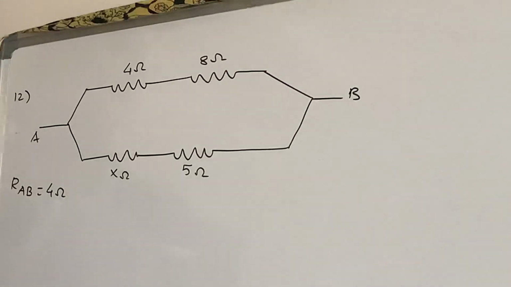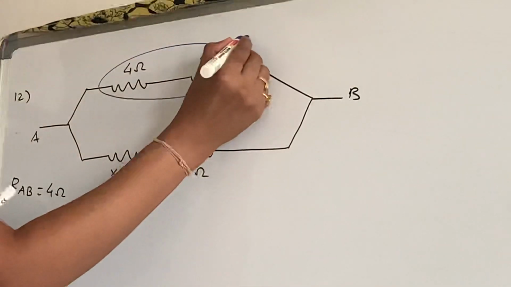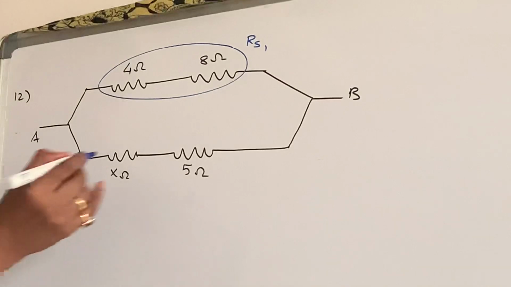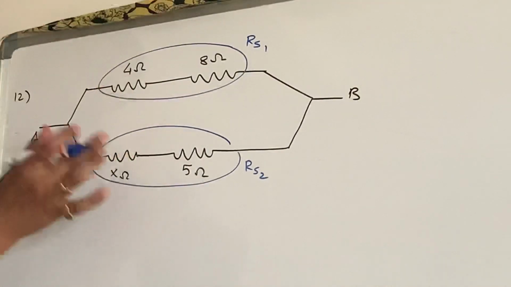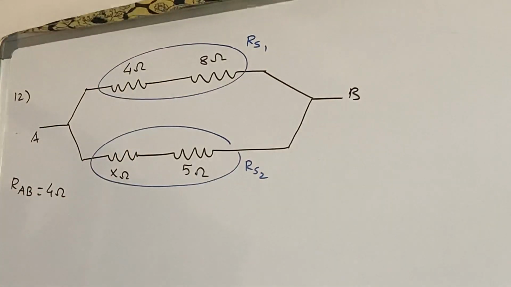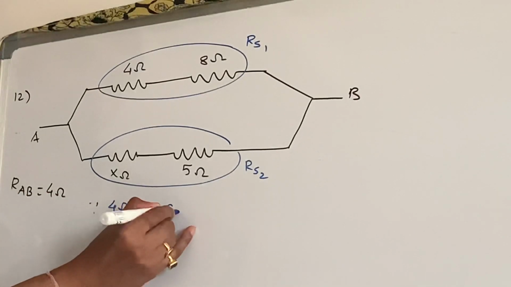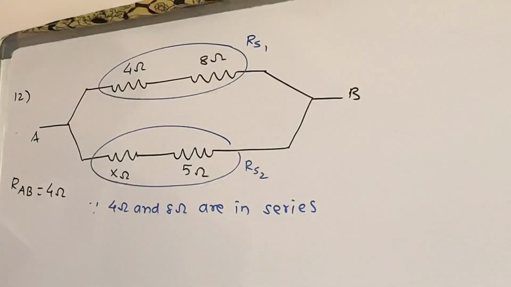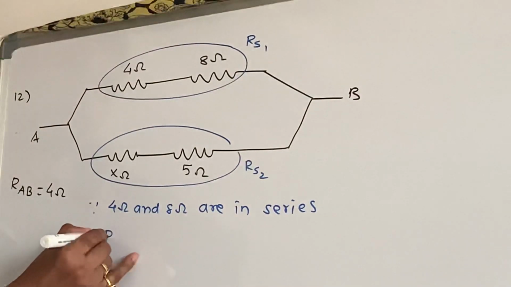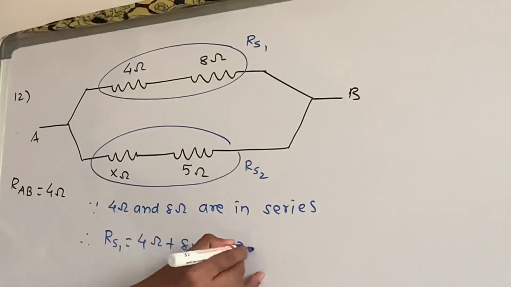Right? The first part, I will take these 2 resistors are in series. So that will be RS1. Similarly, these 2 resistors are connected in series. That will be RS2. And then this RS1 and RS2 are in parallel. So I will write here since your 4 ohm and 8 ohm are in series, therefore RS1 is 4 ohm plus 8 ohm, which comes up to be 12 ohm.